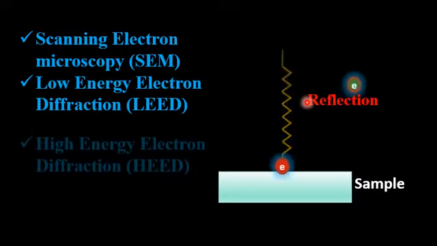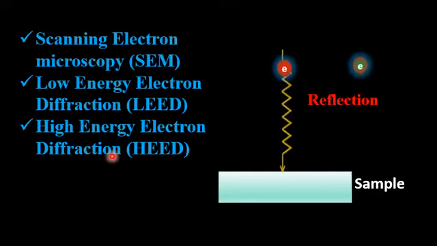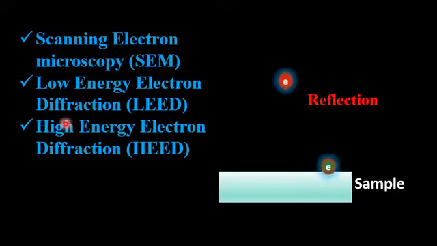Another most commonly used technique is known as high energy electron diffraction technique. It is also known as HEED. So the HEED technique is based on an interaction of a highly energetic electron beam with a matter surface.